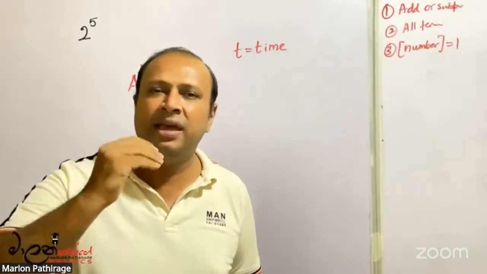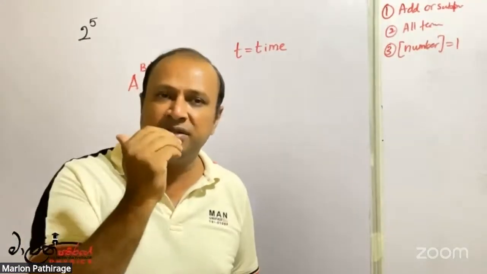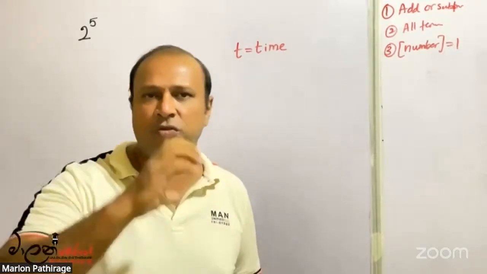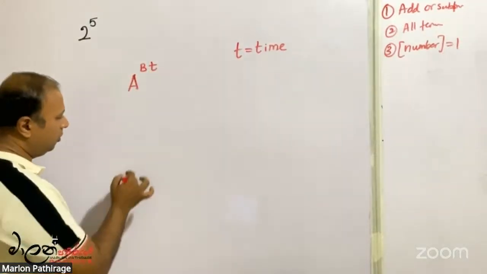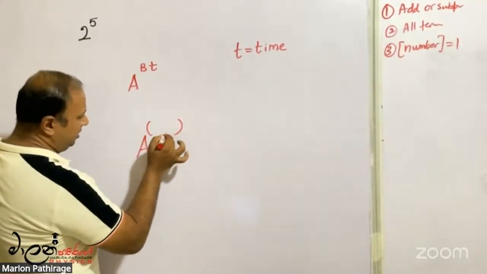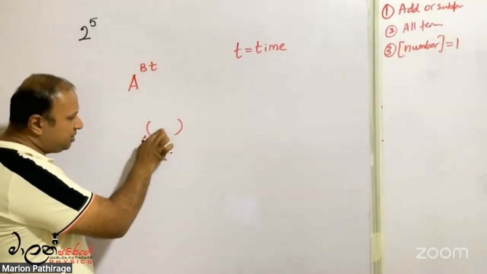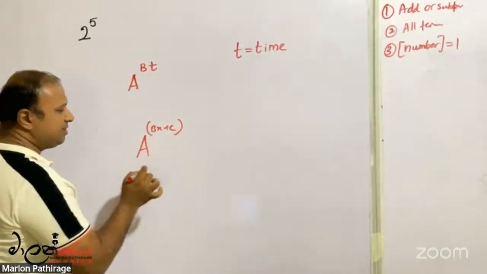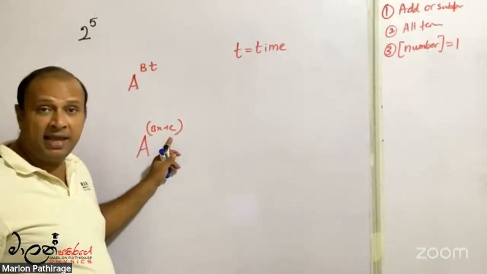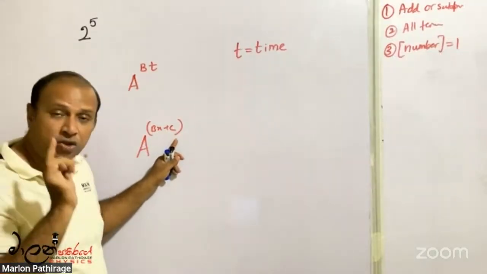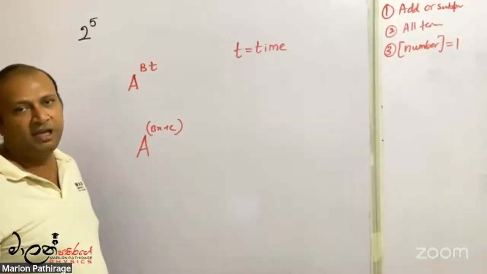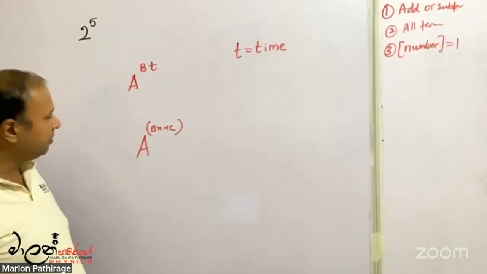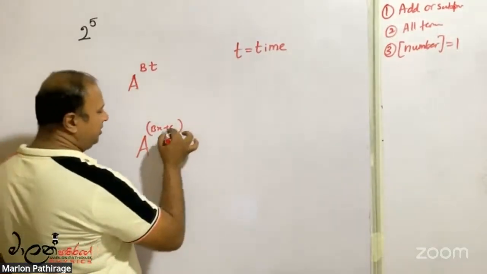Therefore, if there is an expression as an index, that expression should be a number. Therefore, this one is a number.